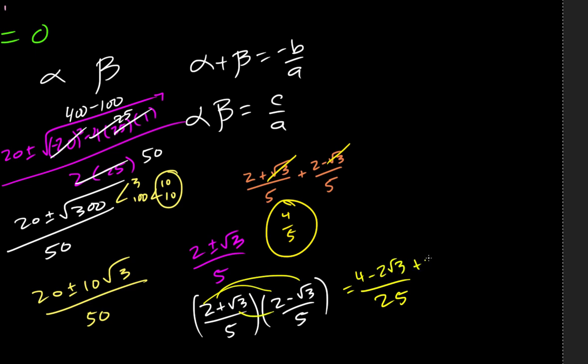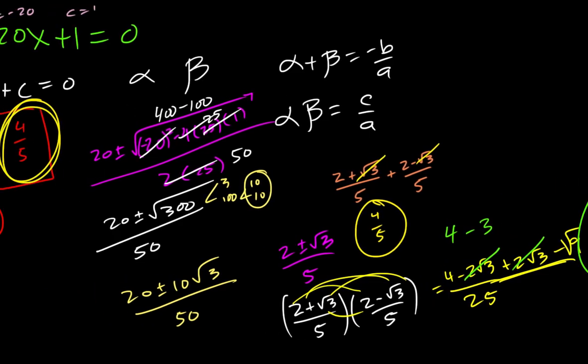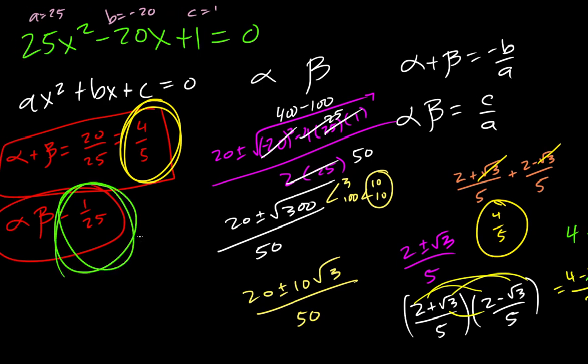This times this is positive 2 root 3. And this times this will be negative square root of 9. Okay, these are going to cancel. This is a 4 minus 3 on top, so that's a 1. And the bottom's 25. If we look at our multiplication, that was 1 over 25 as well.